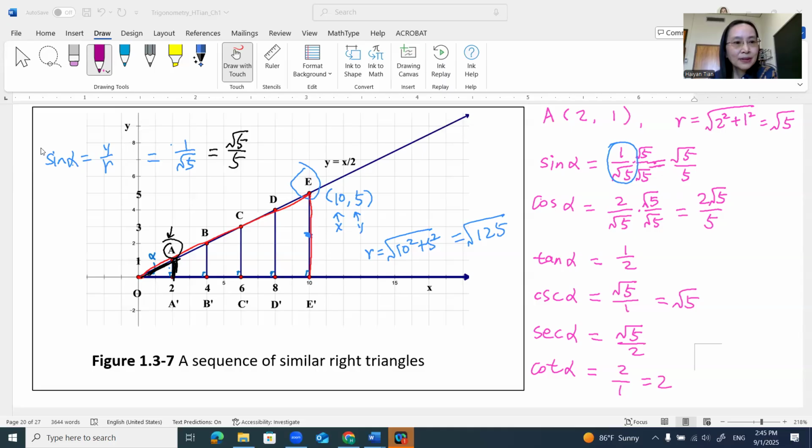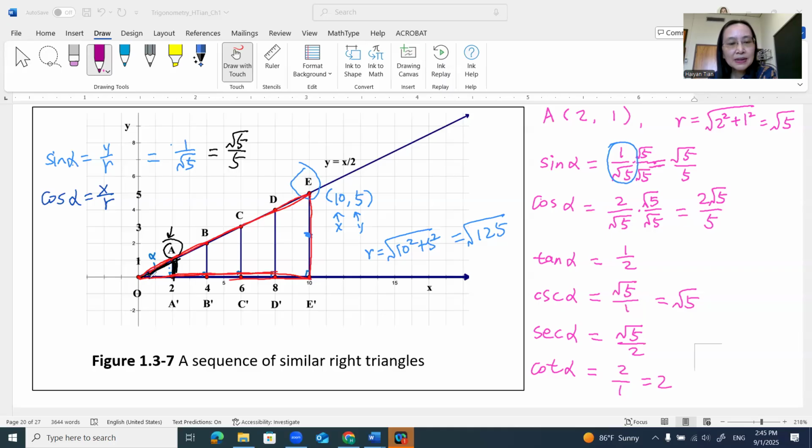And cosine alpha, for the same reason, we also get cosine alpha is x over r. So let's look at x. If I go to x, which is 10 over r, this is a larger value.